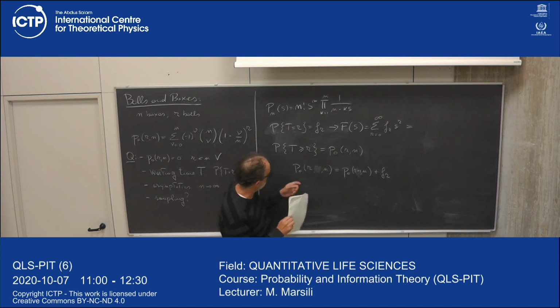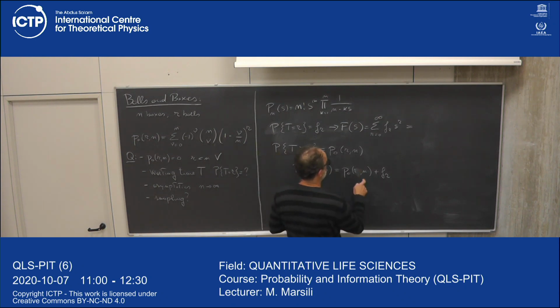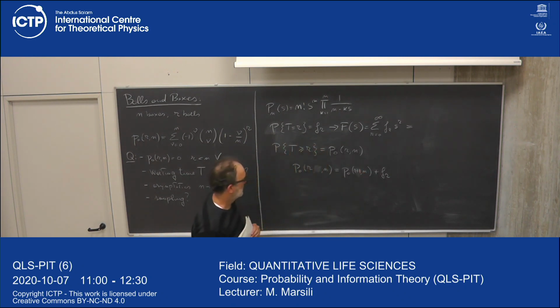The probability that T is larger than R is equal to the probability that T is equal to R plus the probability that T is larger than R plus 1. Okay?